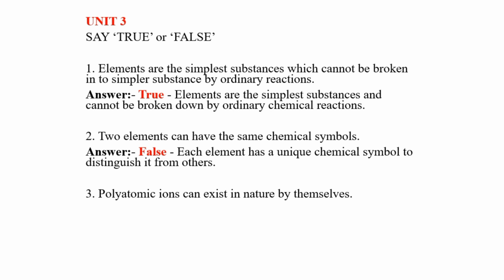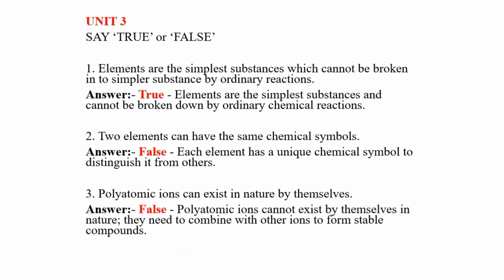Question number 3. Polyatomic ions can exist in nature by themselves. The answer is false. Polyatomic ions cannot exist by themselves in nature. They need to combine with other ions to form stable compounds.